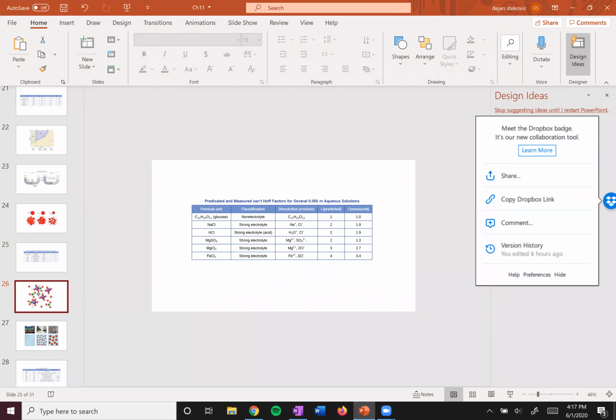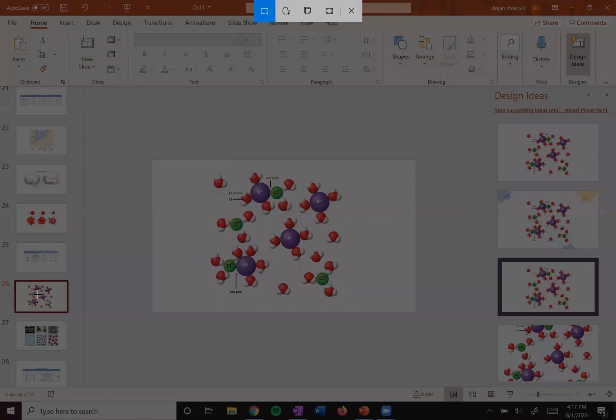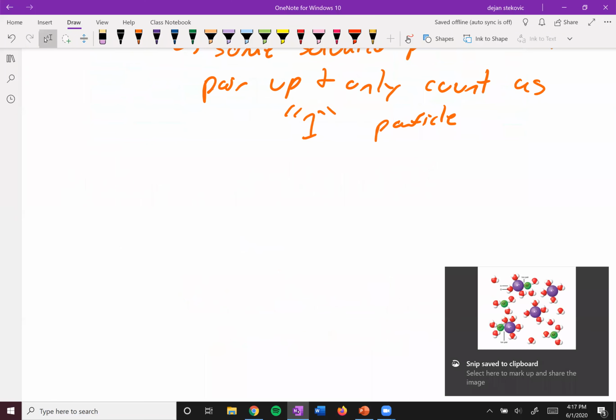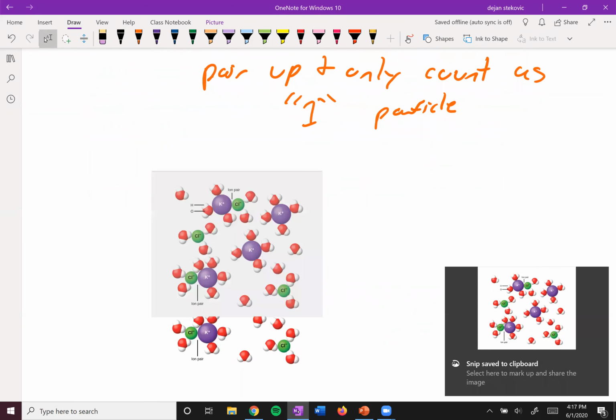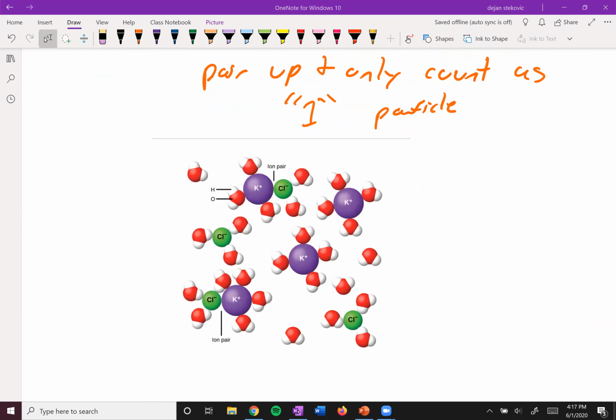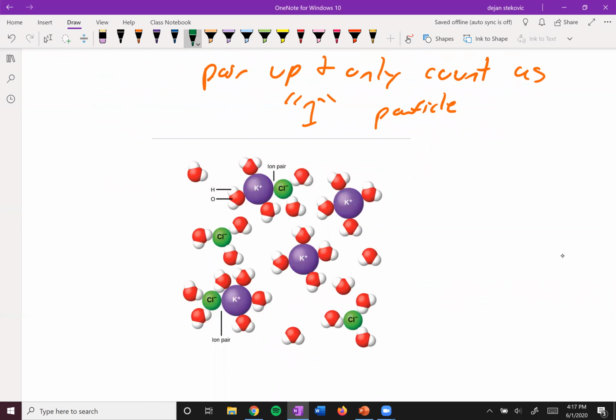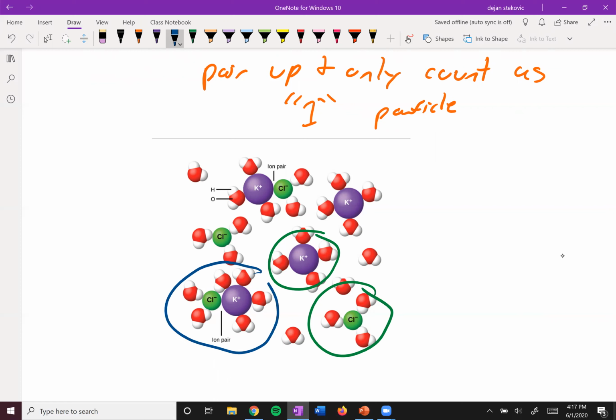So here's a picture showing this ion pairing. So you can see some sets of potassium chloride have completely separated, so those would indeed count as 2 particles. However, some are paired up in these ion pairs, and so they only count as 1 particle.